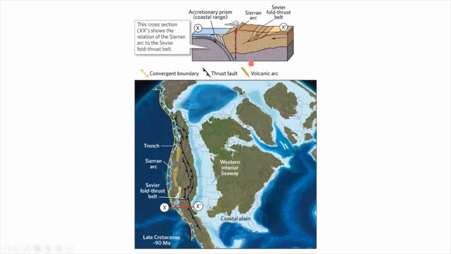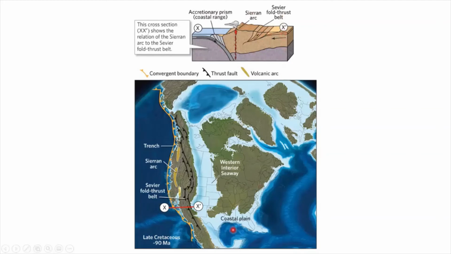Now, this is a cross section, and it's basically depicting our Sierran Arc. Basically, we have convergence where we have oceanic crust diving underneath, and we get a Sierran Arc, that continental volcanic arc on the surface. And then just beyond that, we have the Sevier fold-thrust belt.